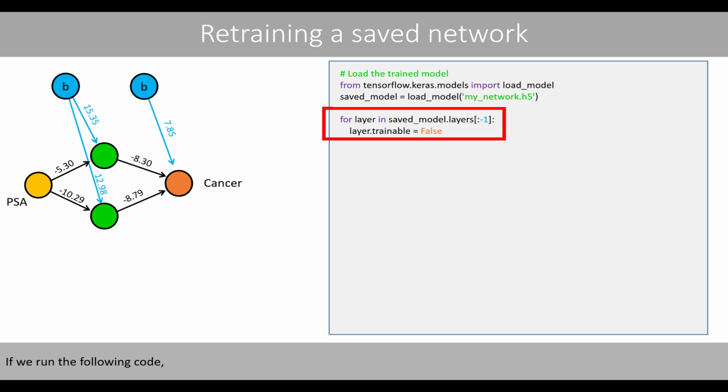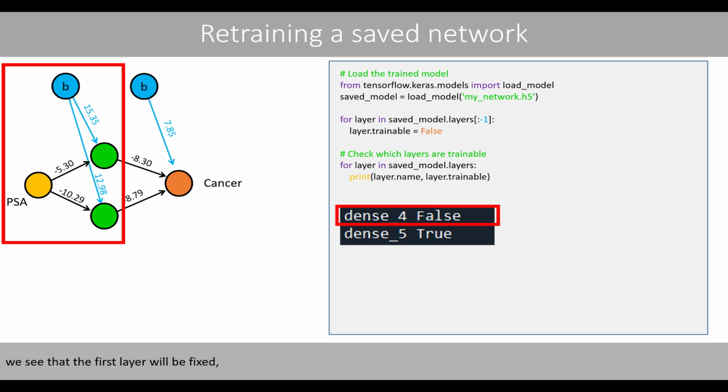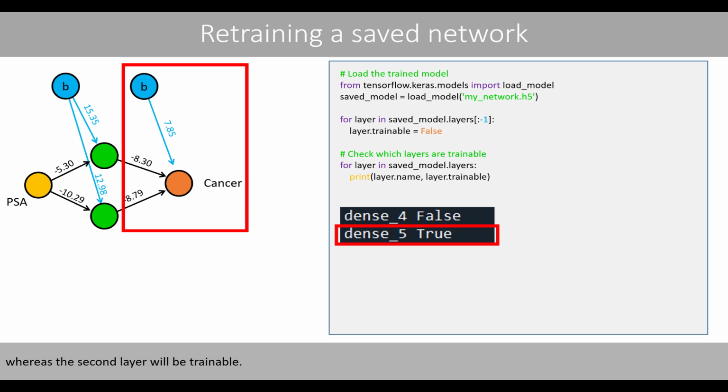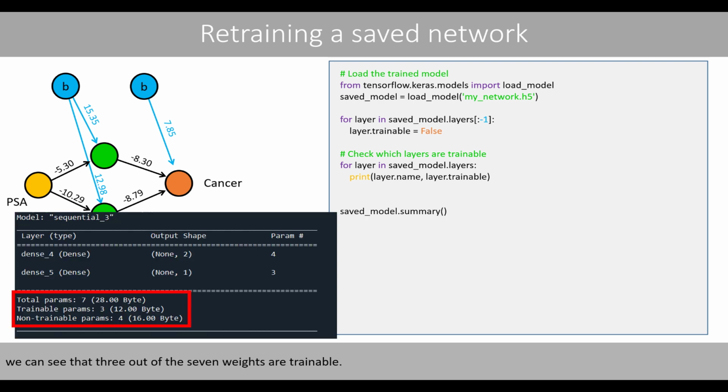If we run this code and print which layers are trainable, we see that the first layer will be fixed, whereas the second layer will be trainable. If we run the summary function, we can see that 3 out of the 7 weights are trainable.